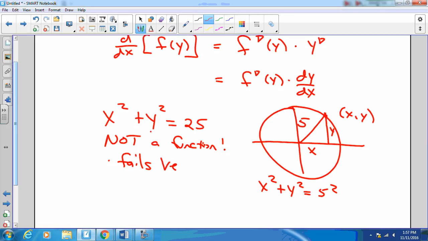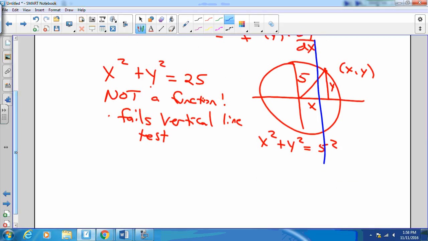Geometrically, we say it fails the vertical line test because I can find an infinite number of points for which one x gives me two y's. I can see the same thing algebraically if I try to solve for y as a function of x.